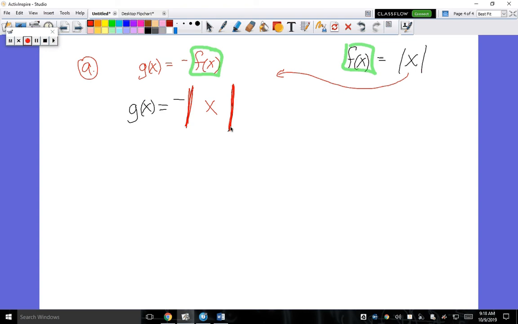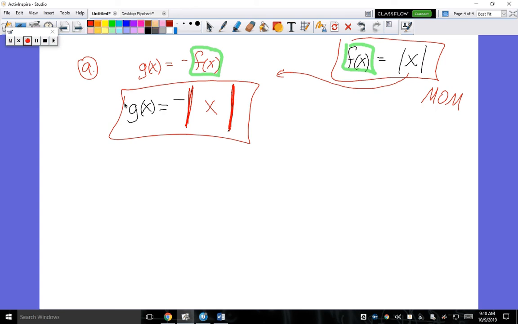So think about this being, let's say, your mom, the mother function, and then over here, this is you. You're the alteration, the transformation of the parent. Okay? Alright. So you tell me, this is the only thing that's different right now.